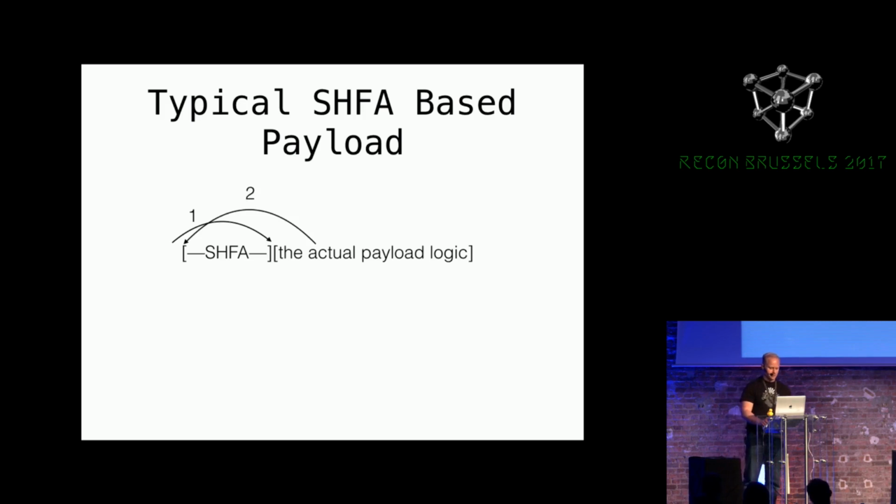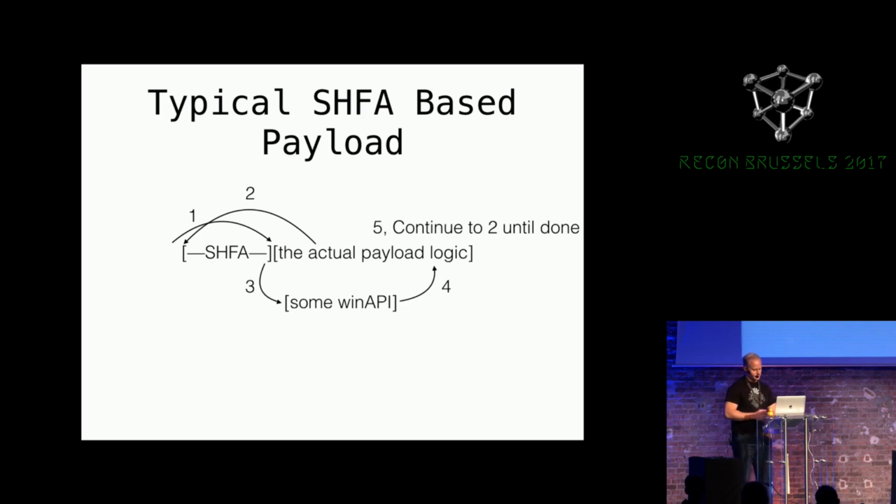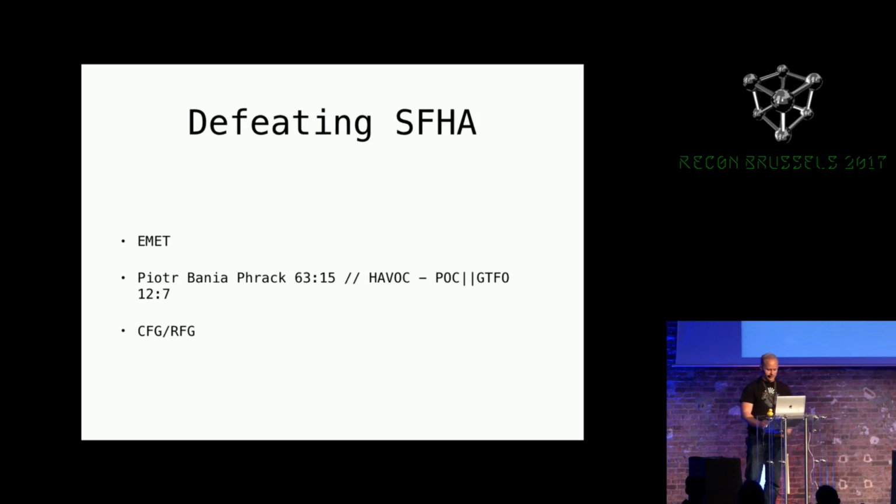So it goes into the hash API itself. Then it's going to parse the export address table and jump into the Windows API, and then it will return back to the payload logic, and it will continue until there's no more payload logic and you have done whatever you wanted to do.